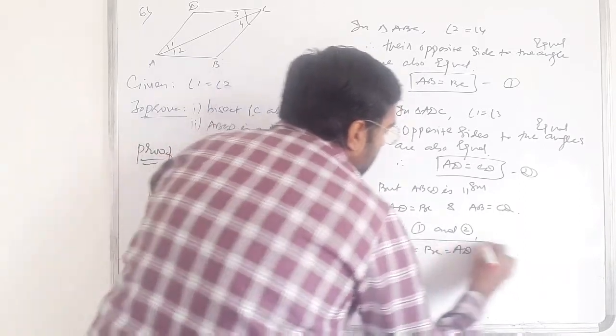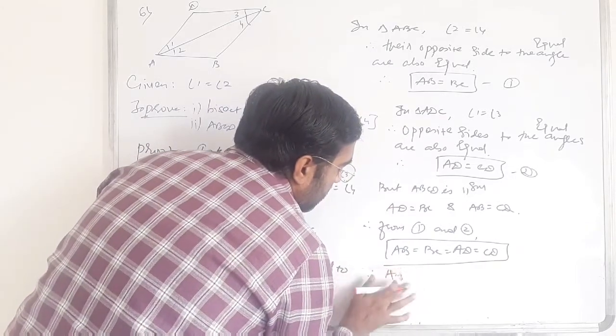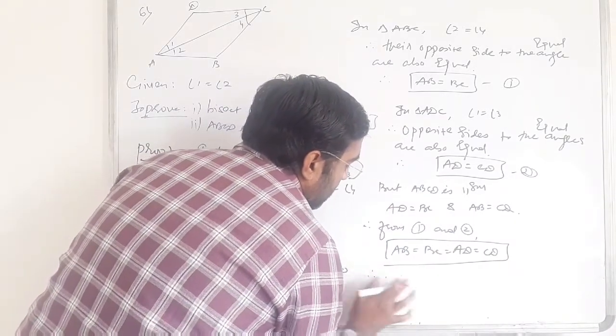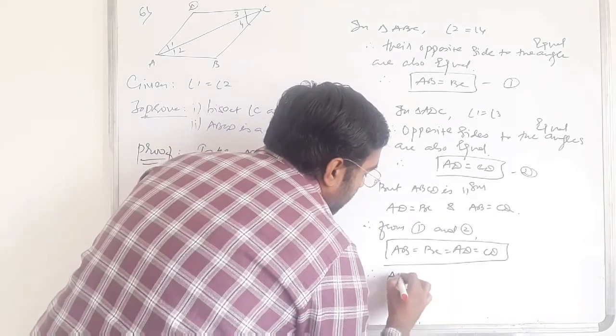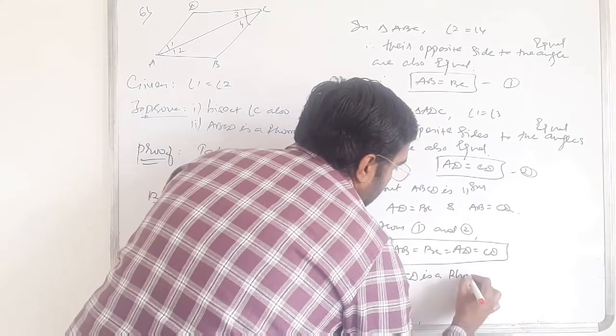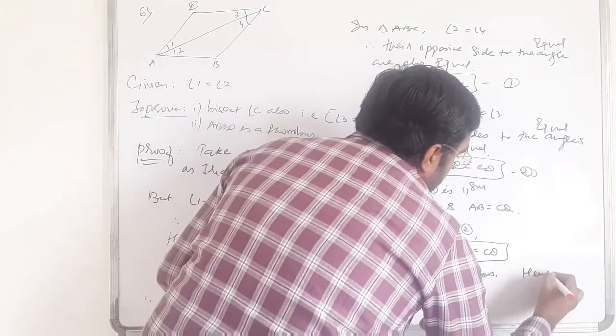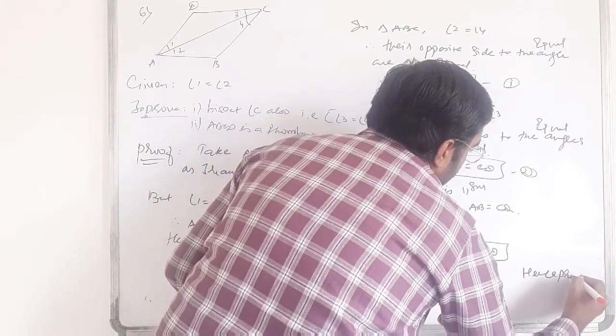So all these sides are equal, therefore ABCD is a rhombus. Hence proved.